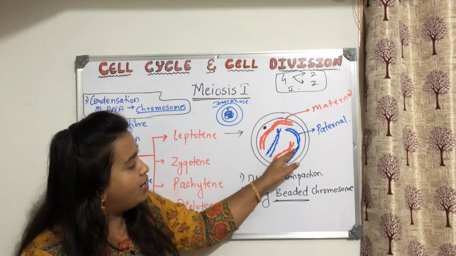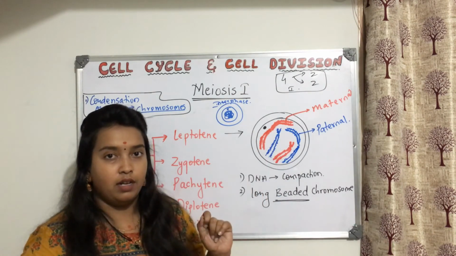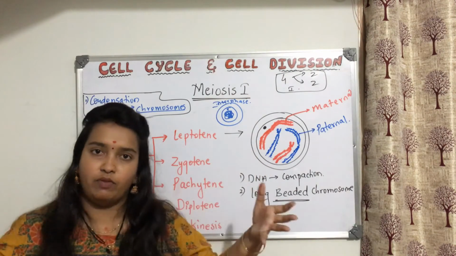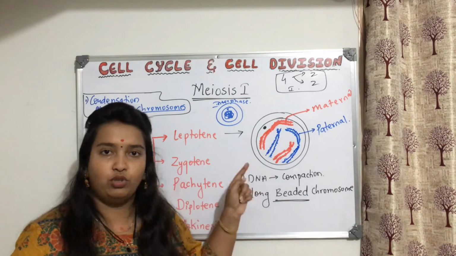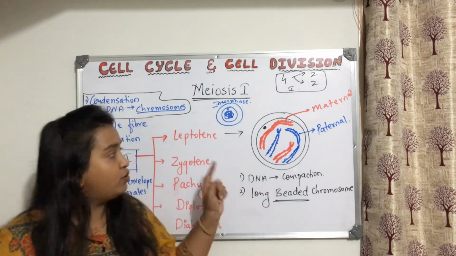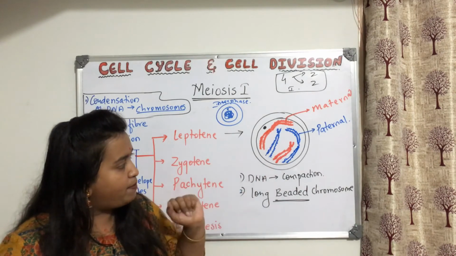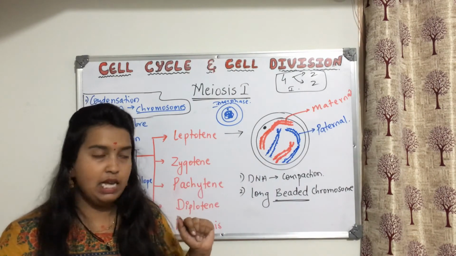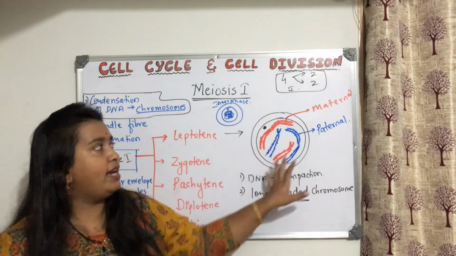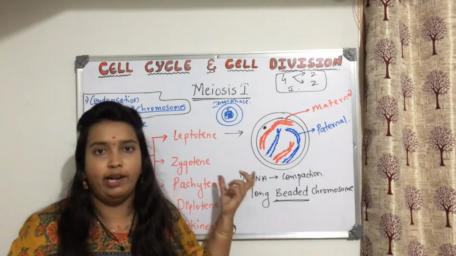Because you can see their centromere region is a little bit away from the center. There will be so many in human cells, but because I have taken 4, it is easy to show like this. So the pair of this one is this. These two are a homologous pair and these two are a homologous pair. So this is how you can say that homologous chromosomes are present in the diploid cell.